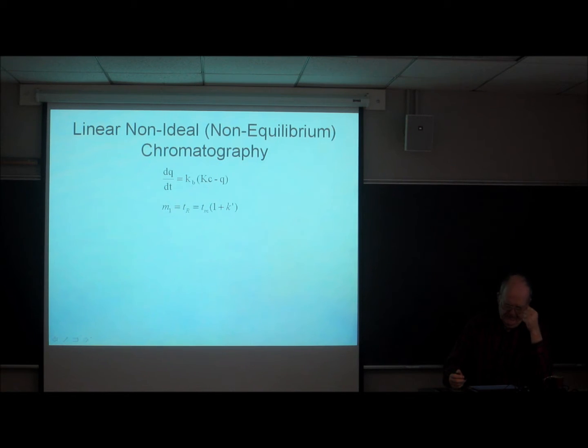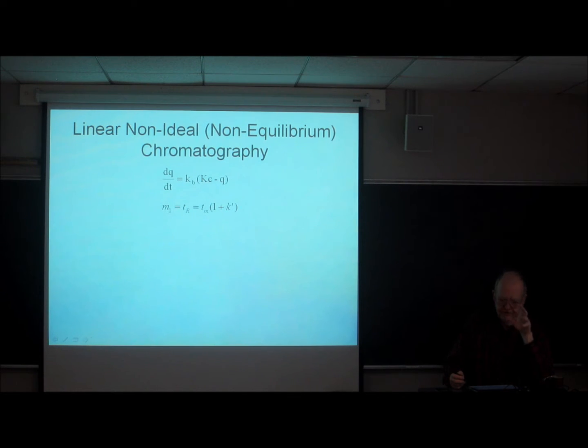Okay, now, the first interesting situation is we're going to leave the axial dispersion equal to 0. So there's no diffusion along the axis, and there's no eddy dispersion caused by the flow heterogeneity in the axial direction. But we're now going to remove the equilibrium condition.